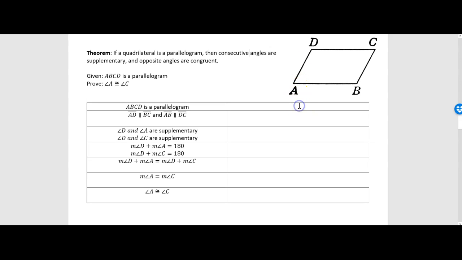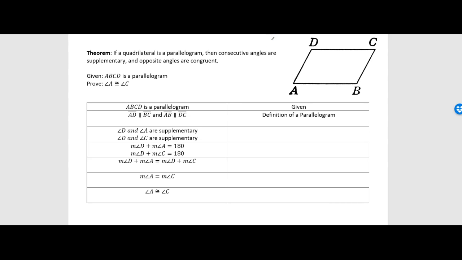Well, first statement is, of course, given. ABCD is a parallelogram. The next statement is showing that opposite sides are parallel. And of course, that is the definition of a parallelogram. Then we are told that D and A are supplementary.